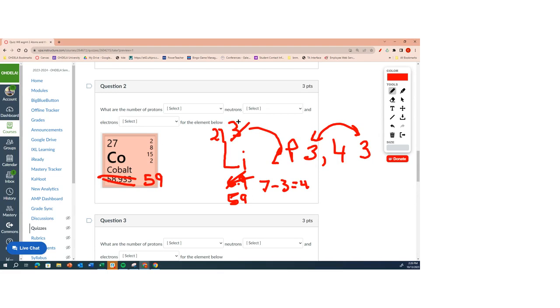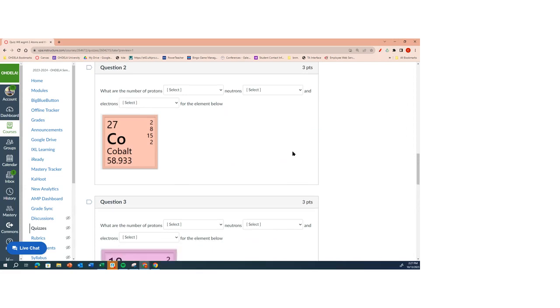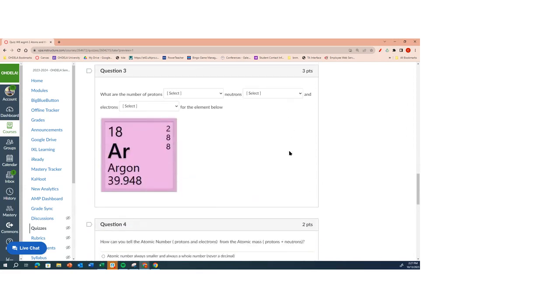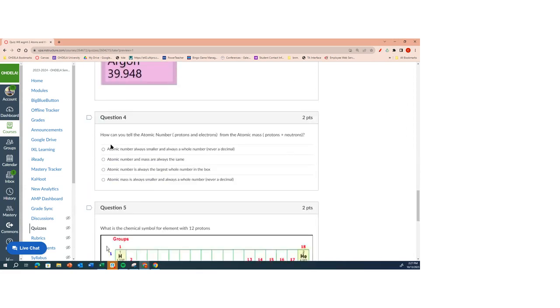So we got to take this number from this number. All right, so how can we tell the atomic number from the atomic mass? Protons and electrons, and atomic mass is protons plus neutrons.